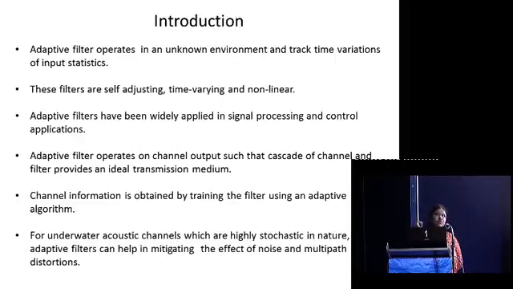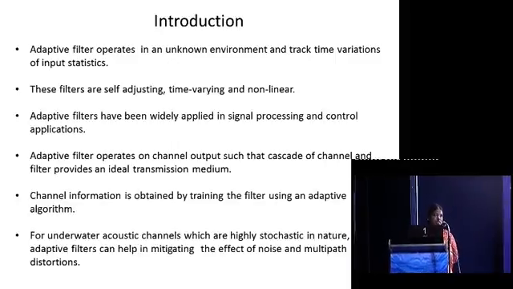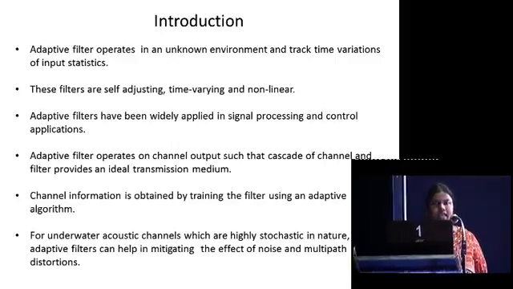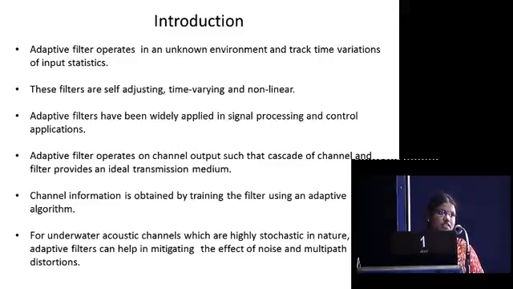An adaptive filter works on the channel output, and the cascade of the filter and the channel will provide an ideal transmission medium. Basically, it will mitigate the distortion introduced in the channel, by training itself to the input variations.